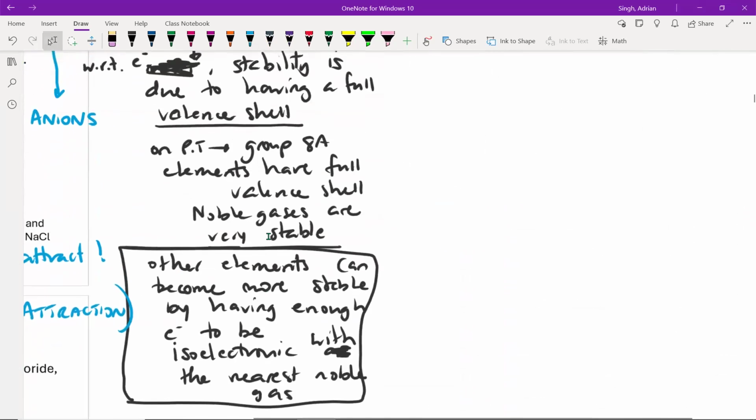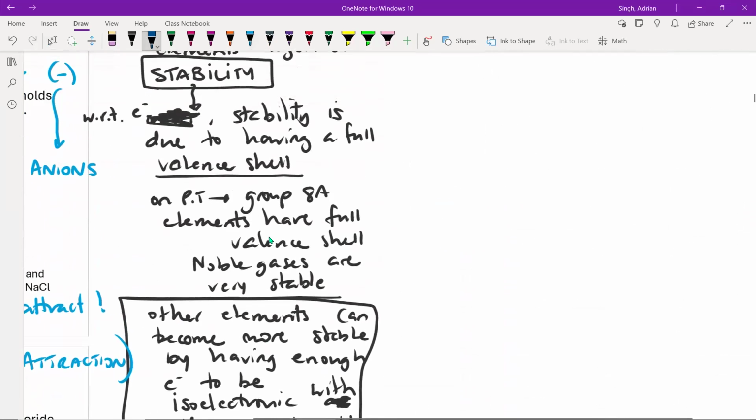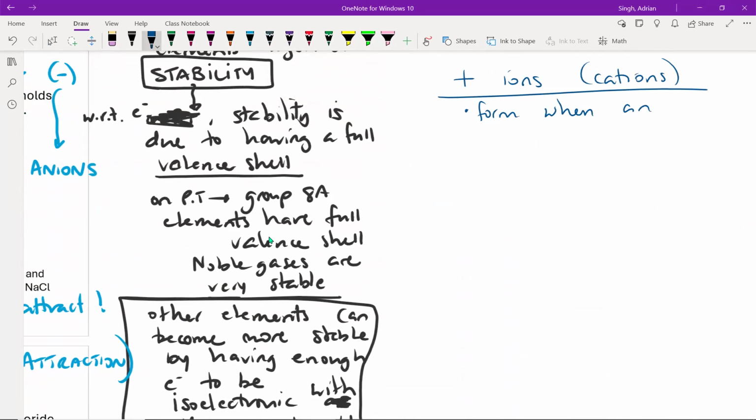Positive ions, which are cations, form when an atom loses electrons. These atoms are typically going to be metals.